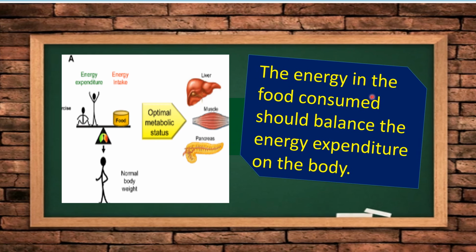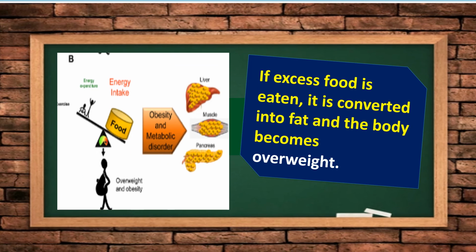The energy in the food consumed or eaten should balance the energy expenditure of the body. Look at this. The energy intake and the energy expenditure are both balanced. Now try to look at this picture. Is it balanced or unbalanced? What do you think is the reason?